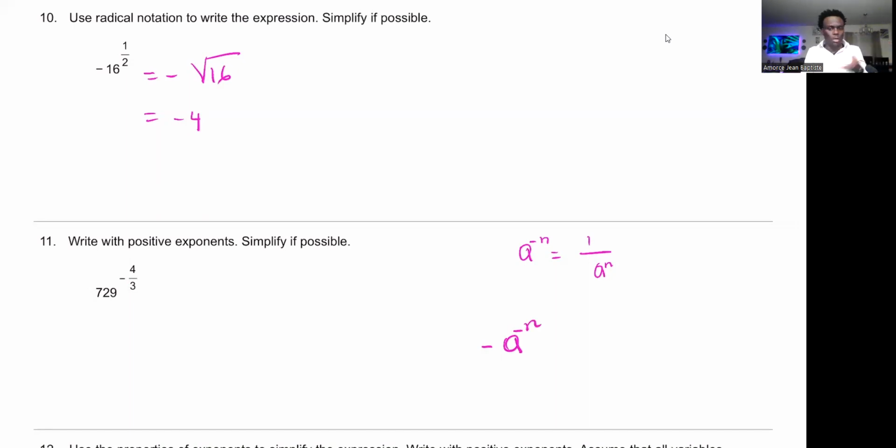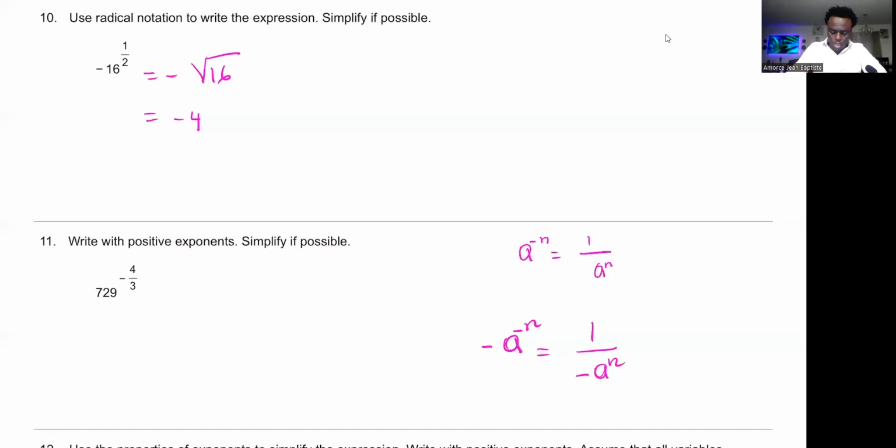Nope. Something like this would be 1 over negative a to the power n, because the transformation 1 over does not change the sign of the coefficient. It only changes the sign of the exponent. If it was positive, it changes to negative. If it was negative, it changes into positive.